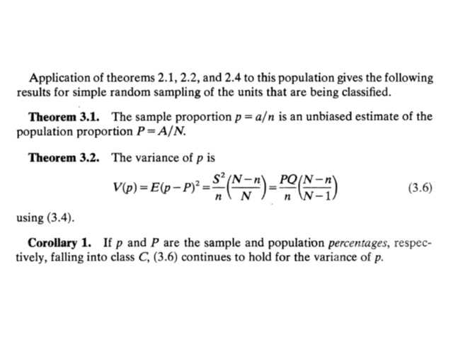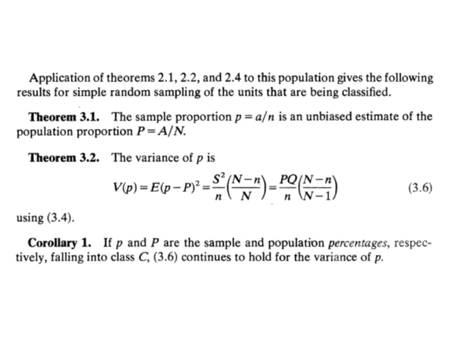Theorem 3.1 states that the sample proportion p equal to small a over small n is an unbiased estimator for the population proportion capital P equal to capital A over capital N. The other theorem, 3.2, states that the variance of the proportion, V of p, equals the expectation of p minus capital P all squared, which is equal to S squared over small n times N minus n over capital N, equal to PQ over n times N minus n over N minus 1.